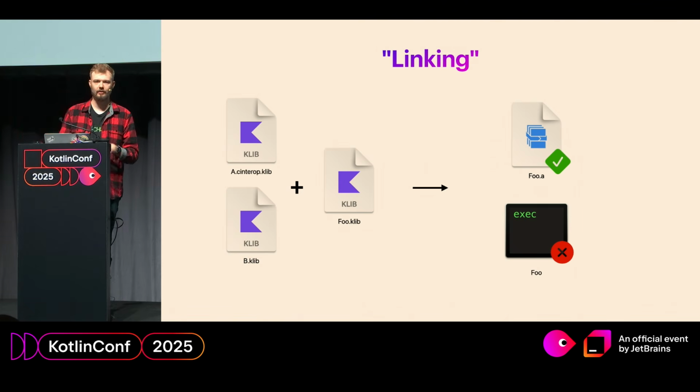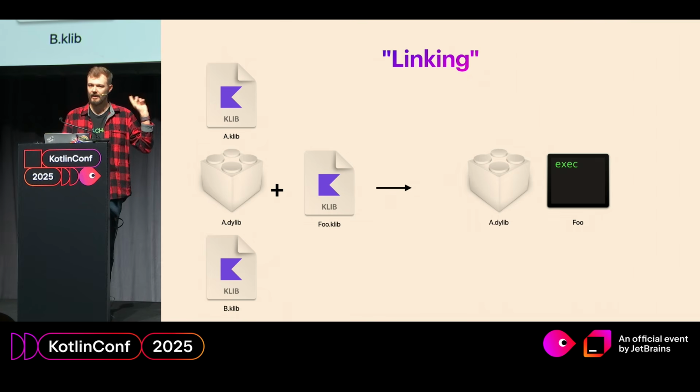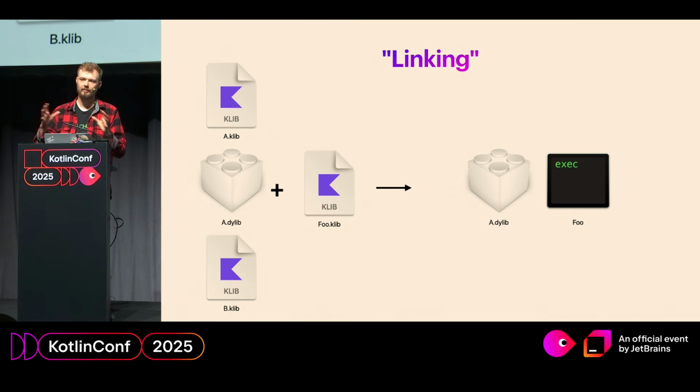They are not linked, they are not ready to run, and they just know, I will need a symbol called hello world at some point when you're actually linking me. But we won't be able to produce either an executable or a dynamic library, because we are missing the A. Whether A is dynamic library or it could be a static library too, doesn't really matter for this compilation process.